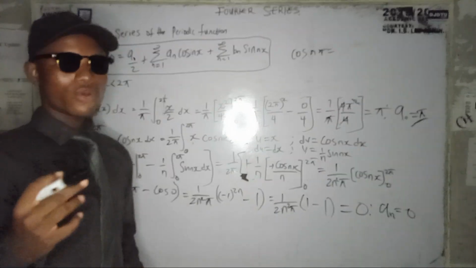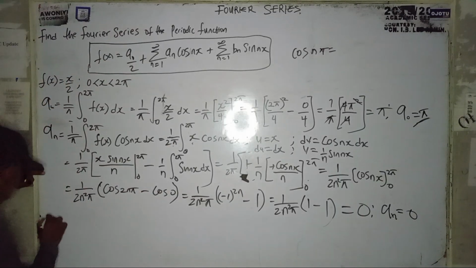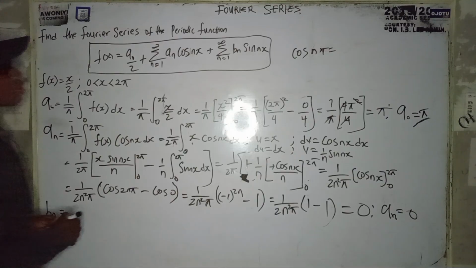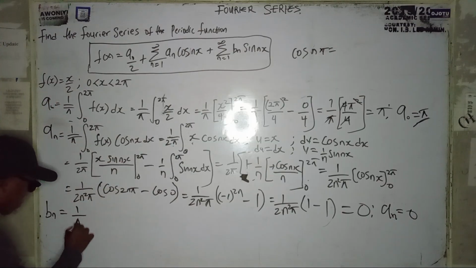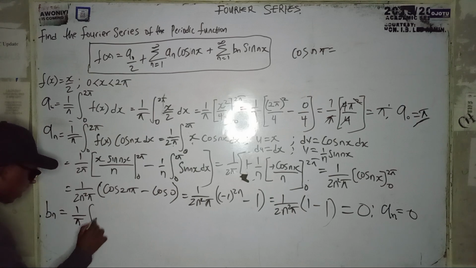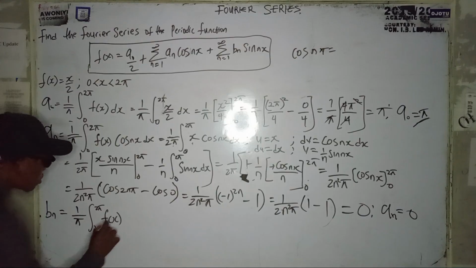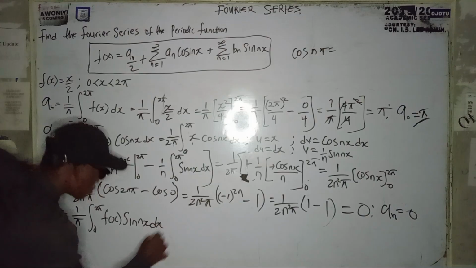So therefore, we move on to the value of bn here. bn here now is equal to 1 over pi times the integration from 0 to 2 pi of f of x sine nx dx.